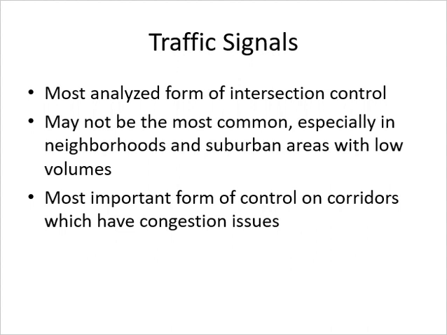Traffic signals do not provide the optimum solution for intersections there because of low traffic conditions. But in spite of this, like I mentioned earlier, it is the most analyzed form of intersection. And it becomes more important on corridors which have congestion problems or high traffic demand. Obviously these are important roads, and on these important roads you will very often find traffic signals being used.